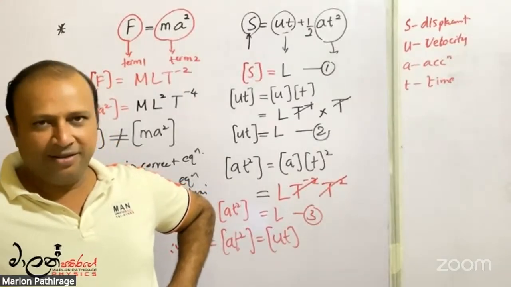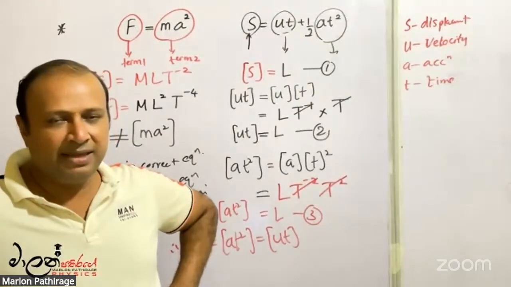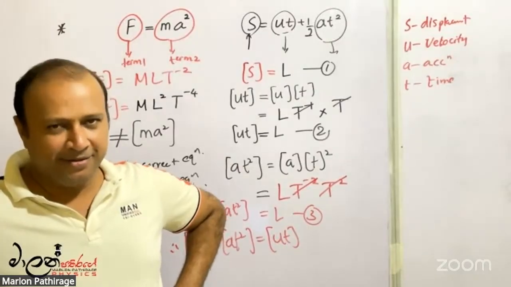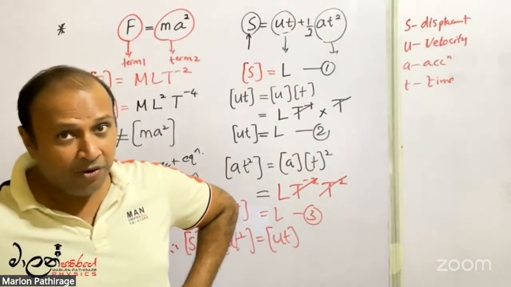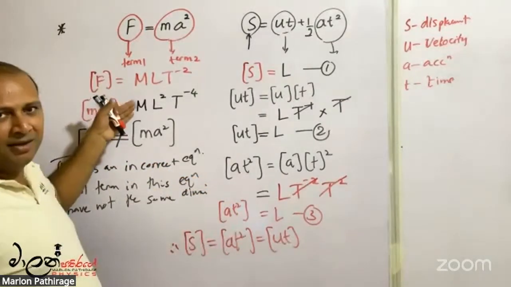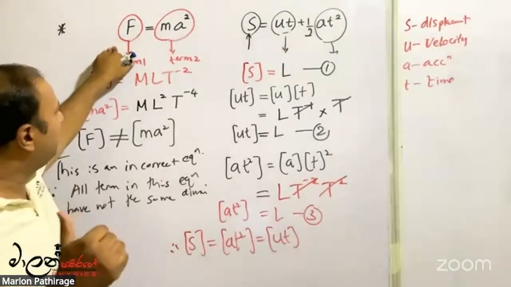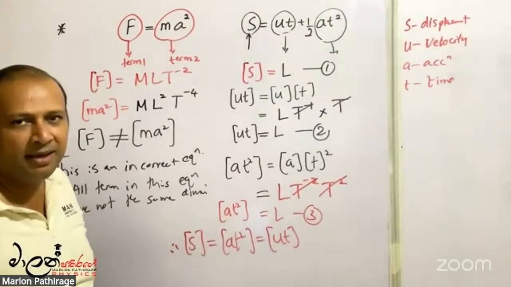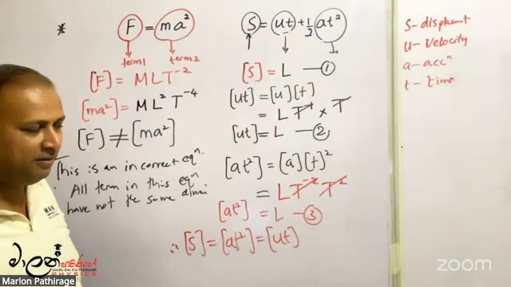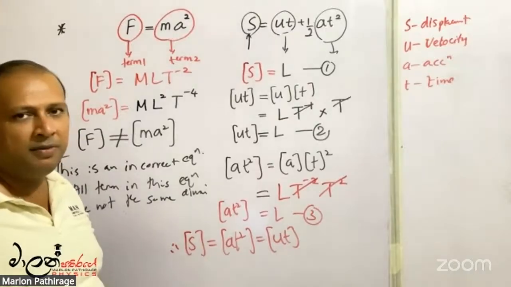The dimension of the left hand side should be equal to the dimension of the right hand side. That is okay, but that is okay for single term equations. In a single term equation, there's only one term, therefore we can equate the dimensions of the left hand side and the right hand side.